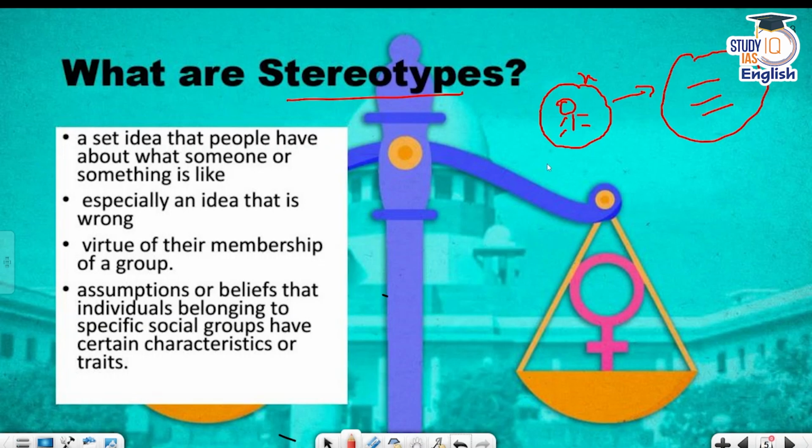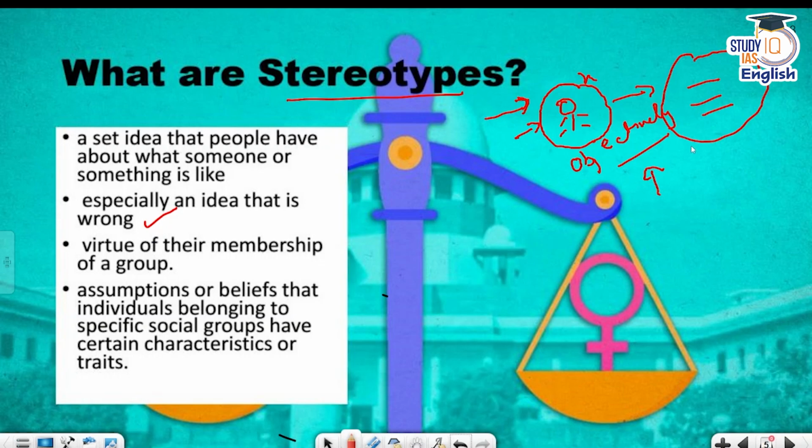It can range from religious groups to gender or sex, even to the place where you live. And this idea is generally wrong because we are judging them on the basis of their subjectivity, on the basis of where they belong to. We are subjective. But if we have to know about them on the individual level, we need to judge them or understand them objectively. This is what the Supreme Court also wants to do.